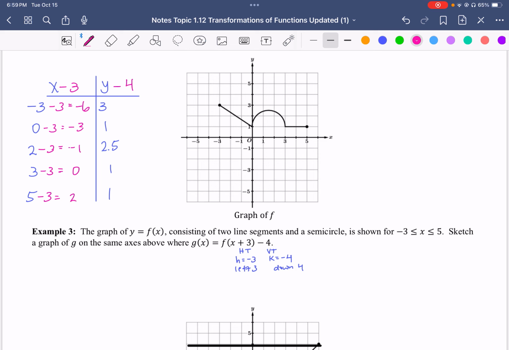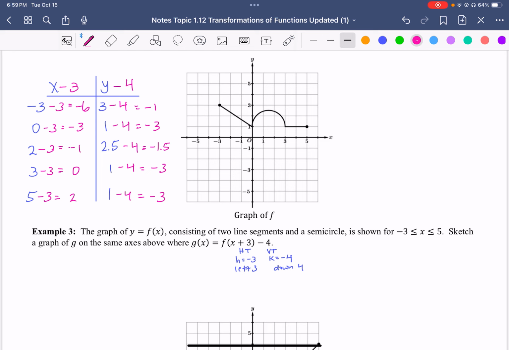Okay, now we'll subtract 4 from all of the y values. 3 minus 4 is -1. 1 minus 4 is -3. 2.5 minus 4 is -1.5. 1 minus 4 is -3, and 1 minus 4 is -3.